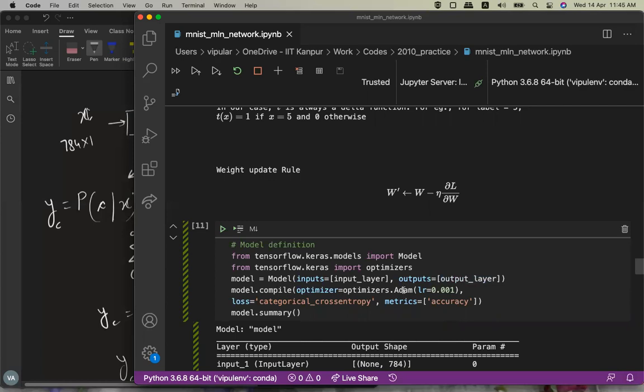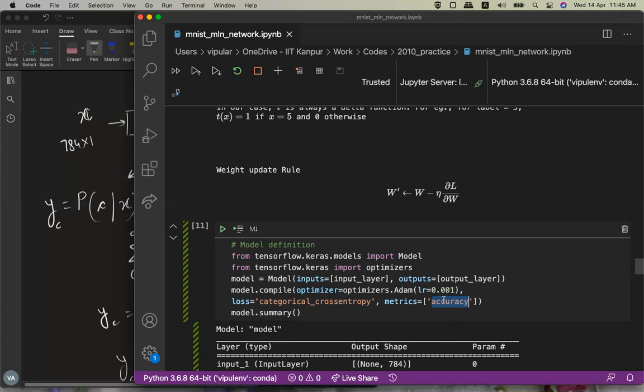It's a kind of gradient descent algorithm where the learning rate or the step size is changing with time, meaning as you are iterating, with each iteration the step size also adapts itself so as to achieve faster convergence. And the loss function which I'll be using here is the categorical cross entropy loss, as we have seen above. And this metric is basically, as the training is going on, at each epoch, it will calculate the accuracy.